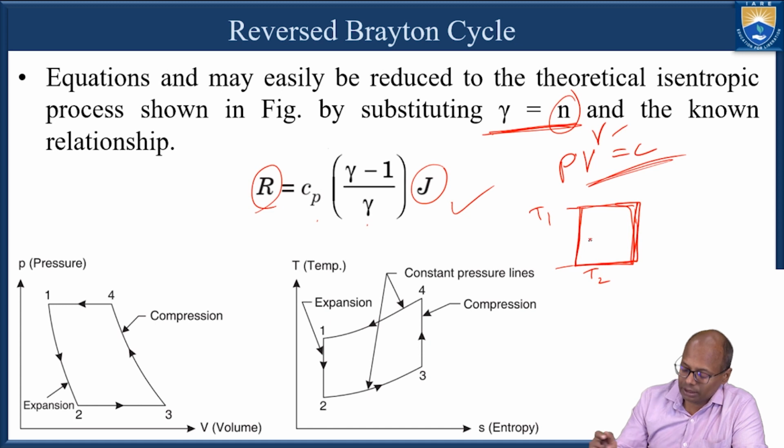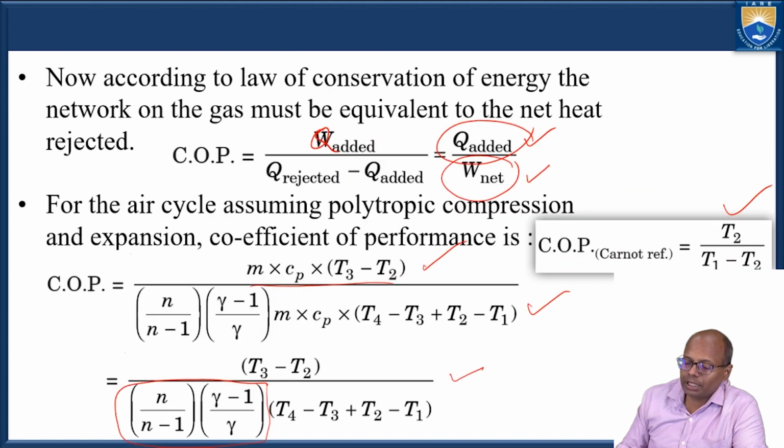Now, here the Carnot cycle COP is simply dependent on the temperature of the condenser or the heat rejector and the temperature of the heat absorbed. But in case of the Brayton cycle, it is dependent on the temperature at the inlet of the heat refrigerator, outlet of the heat refrigerator, inlet of the cooler, outlet of the cooler, all these things.